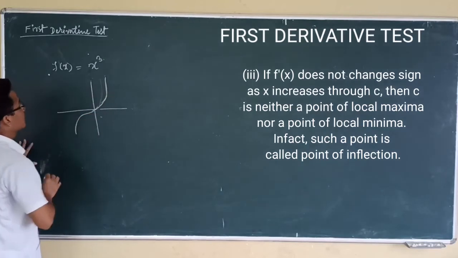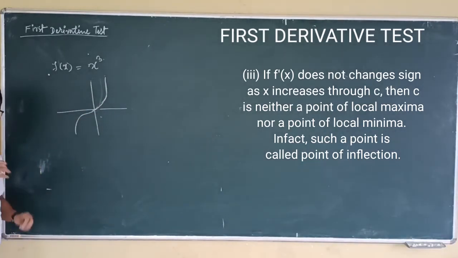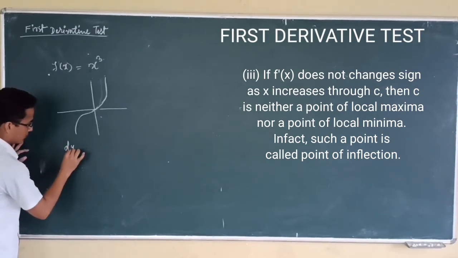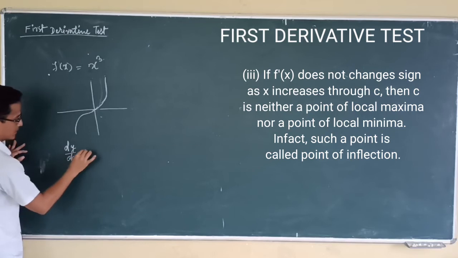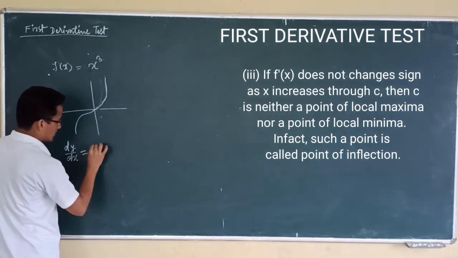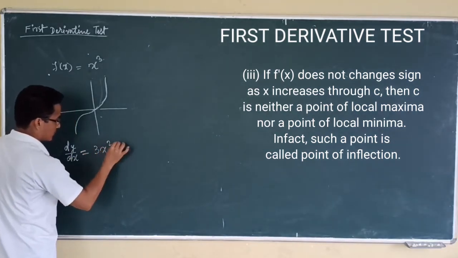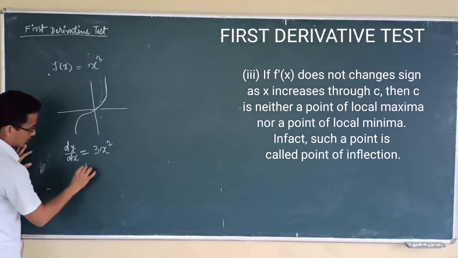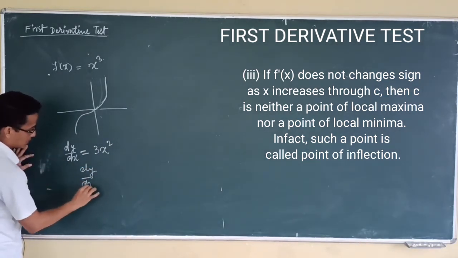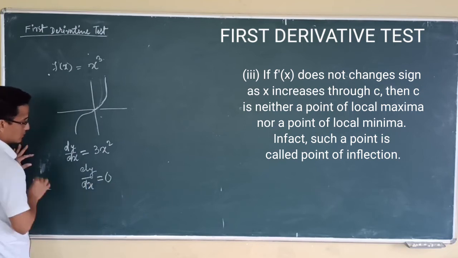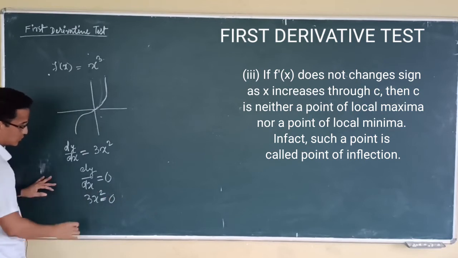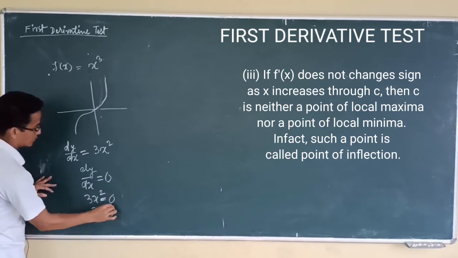So let's see. For finding the critical point, what can we do? We find dy by dx of this function, that is 3x square. Now if you take dy by dx equal to 0, then 3x square equal to 0, that means x equal to 0.